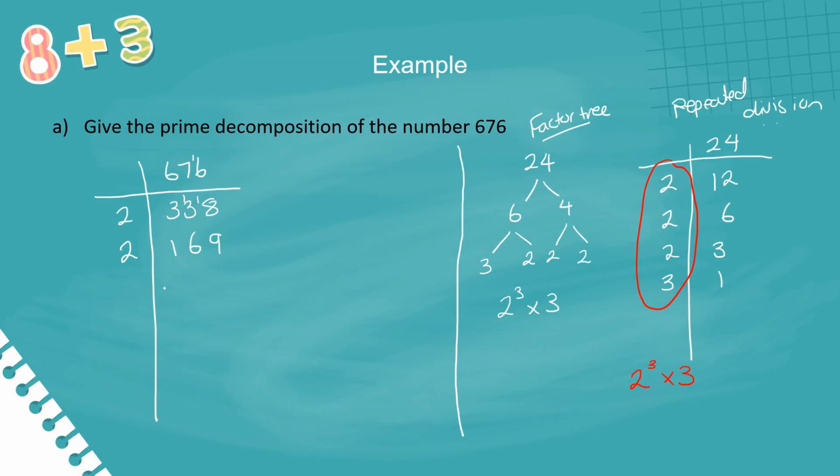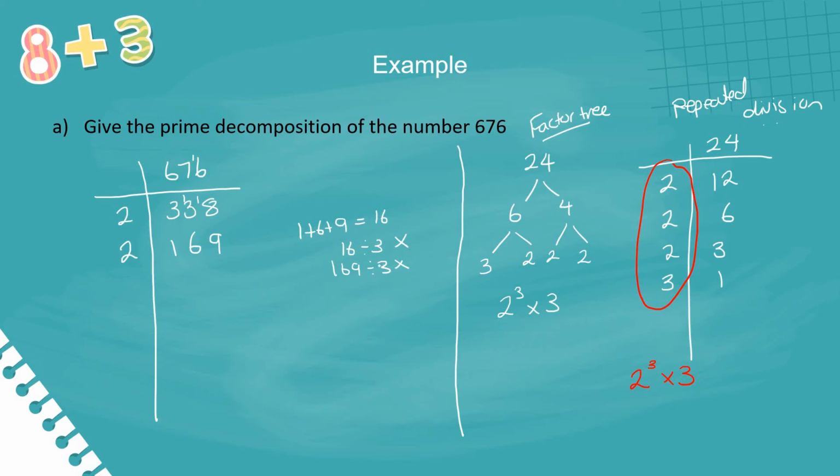2 won't go into it. You might know the little trick to see if something's divisible by 3. If I add together the digits, 1 plus 6 plus 9, that gives me 16. Because 16 cannot be divided by 3, that means that 169 can't be divided by 3. So it's quite a handy trick.